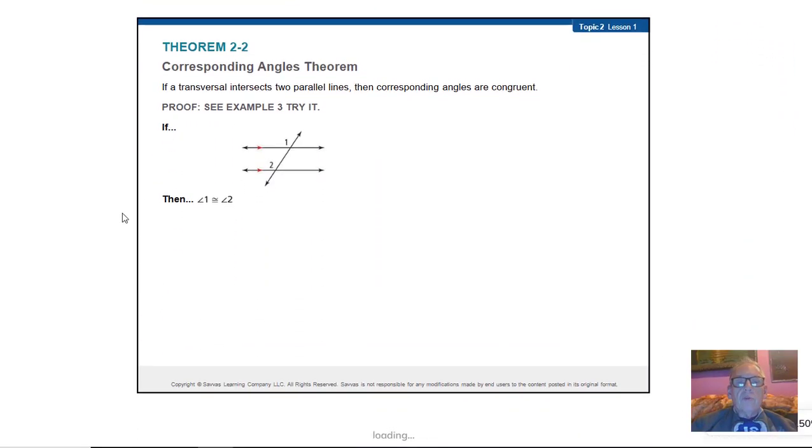Our theorem 2.2, the corresponding angles theorem, states that if you have parallel lines intersected by a transversal, then the angles that are in corresponding positions, remember corresponding means same side, the corresponding angles are going to be congruent.